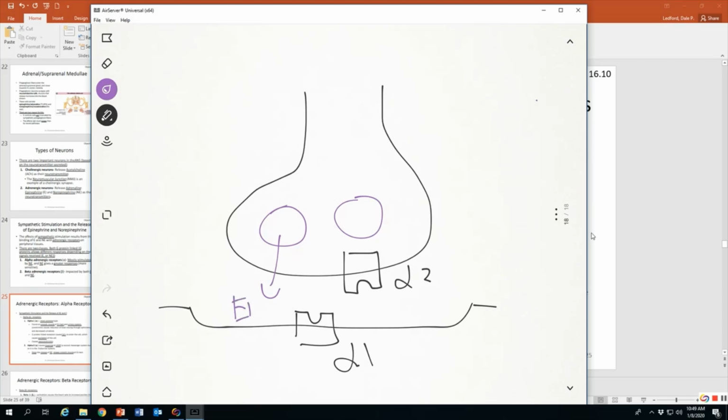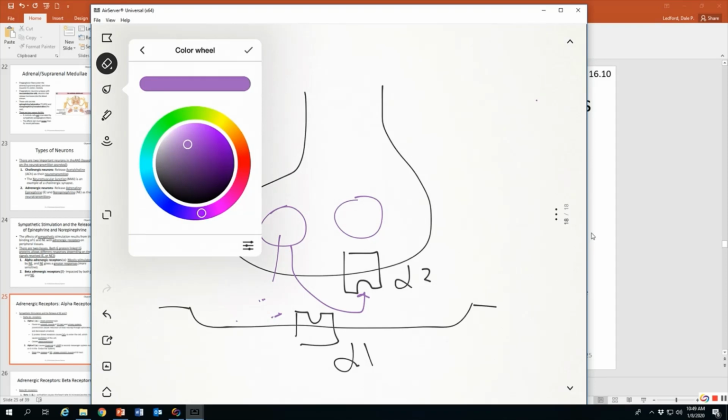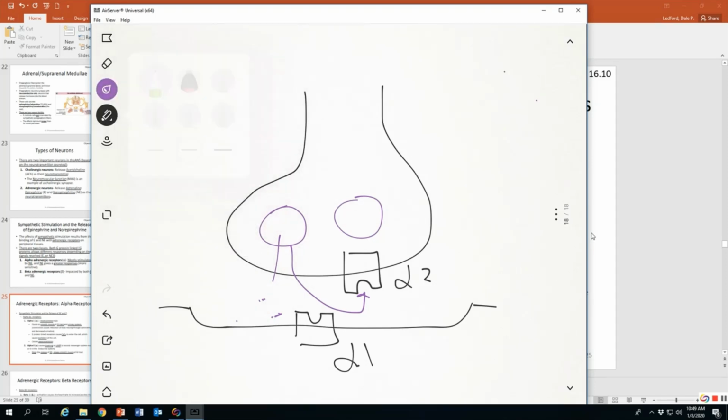And if this cell released epinephrine or norepinephrine, and that binds to this, the norepinephrine can't be released anymore.